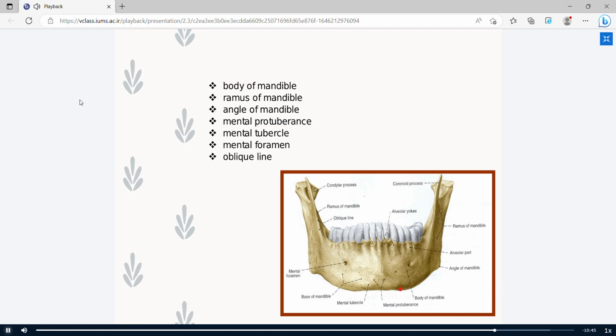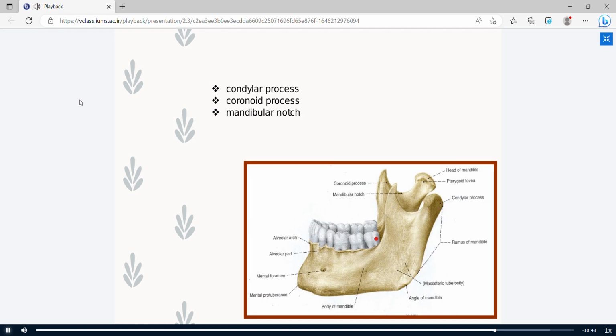This is the angle of the mandible, located between the ramus and body. The oblique line on the body is a continuation of the anterior border of the ramus.